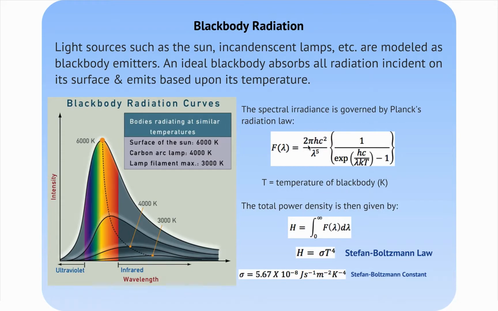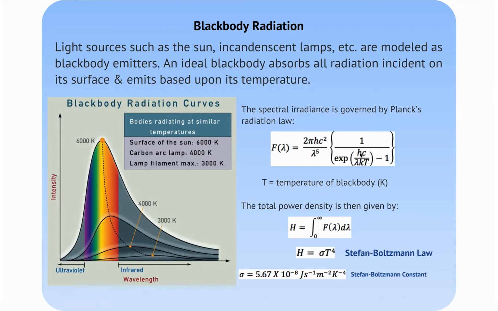So you have a bunch of things here, 2 pi h c squared, where h and c are constants, divided by lambda raised to 5, so it's highly sensitive to wavelength, which you can see here, right? It's multiplied by some complicated term here, 1 over an exponent, and so on. The important thing here to keep in mind is this T, that is temperature, and this lambda, that's wavelength.